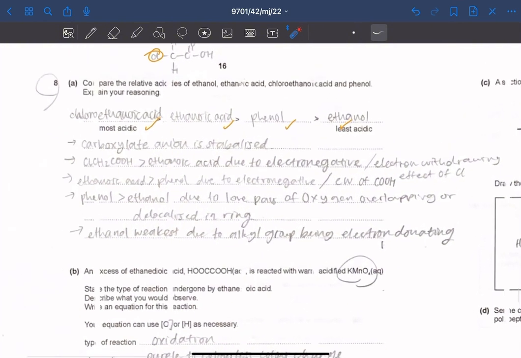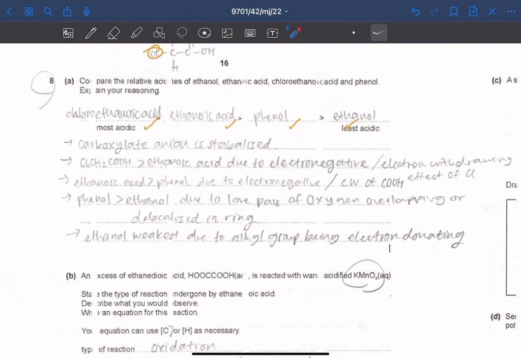So in simplification, you could say that the carboxylate anion is stabilized. It is favored.